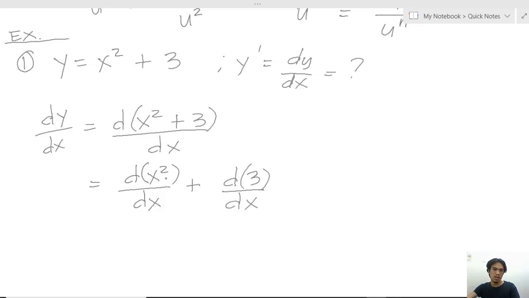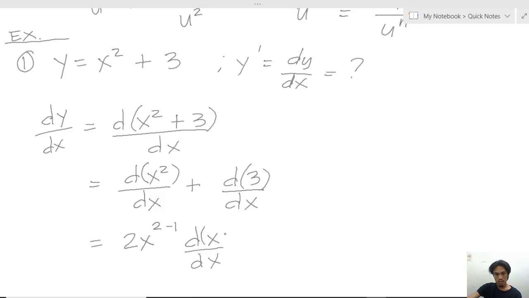Now we can apply the power formula for this part, the derivative of x squared with respect to x. Bring down the exponent 2, copy the base x. The exponent will be 2 minus 1. And then the derivative of the base with respect to x.